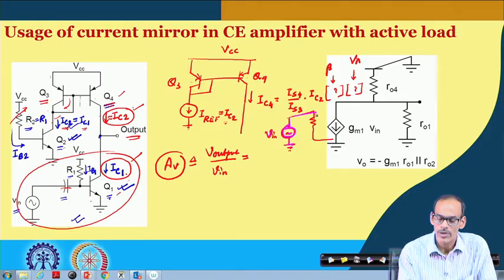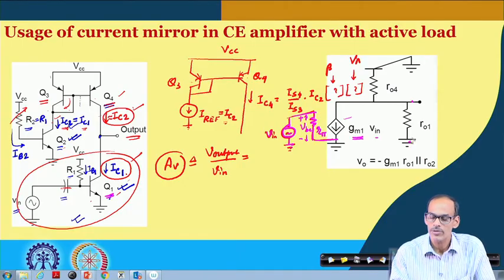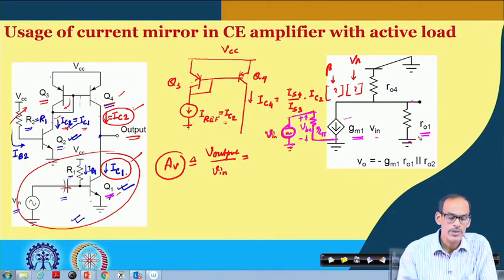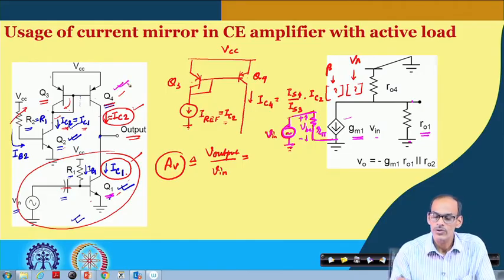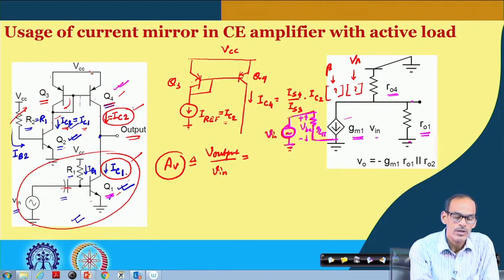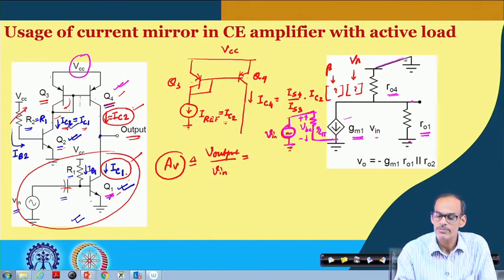And then we have R pi, and this voltage is VB, incidentally equal to V in as we have discussed earlier. So, we have gm times V in as the voltage dependent current source, and for transistor 1, from collector to emitter, we have a resistor RO1. On the other hand, for transistor 4 we have RO4, and we have the supply voltage which is AC ground.